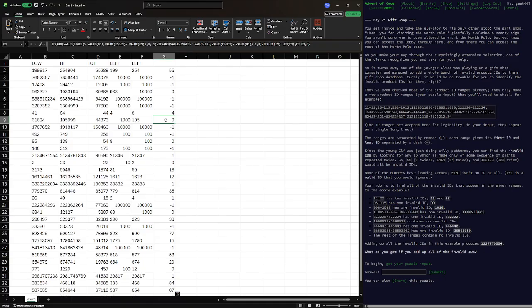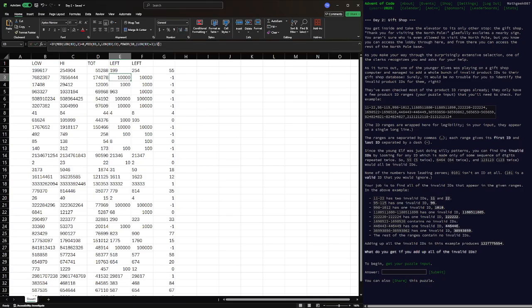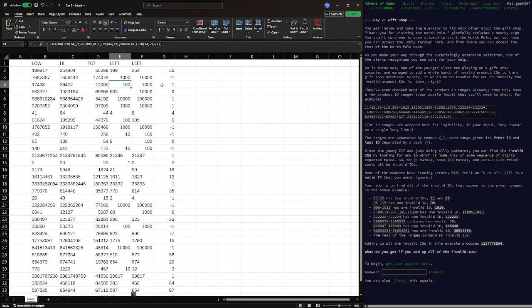That's correct. Now we have the issue here. This is not +1. Yeah, it should be this -1, I guess. Yeah, that's more correct. Okay. Should be -1. Okay. That makes things a little bit easier to work with.